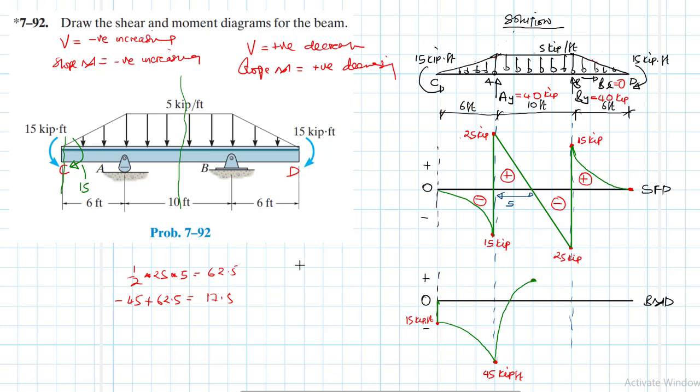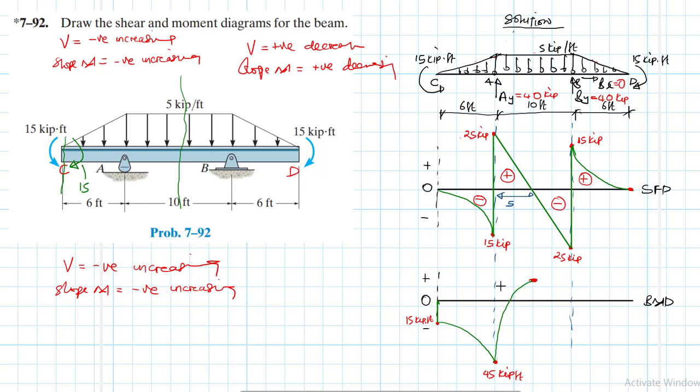From here, if you did the calculation, the second part there we have shear negative and increasing. We expect slope for moment to also be negative and increasing. Okay, and the value for that moment, what did we say this value is?